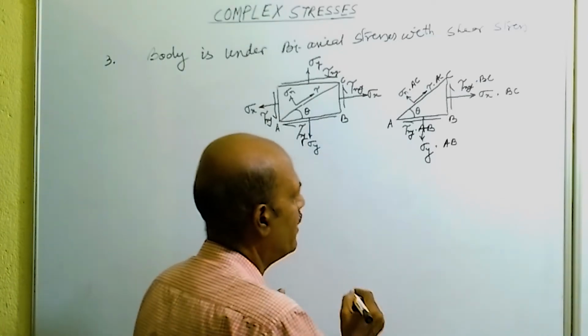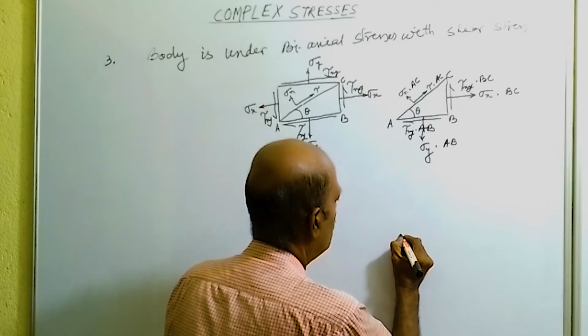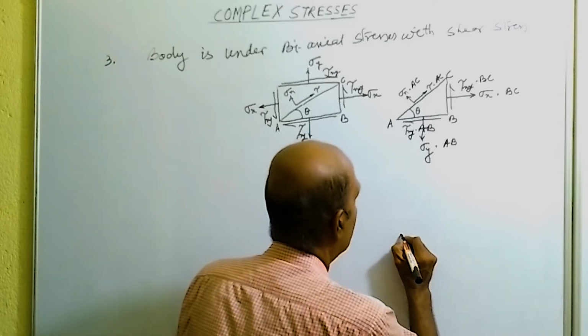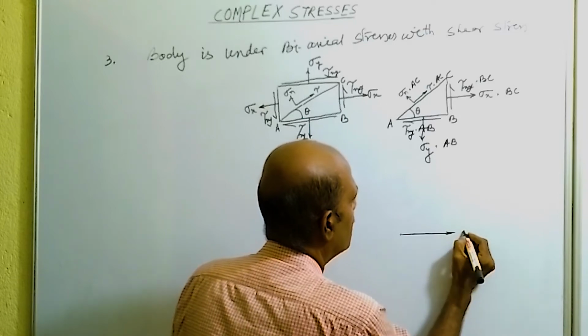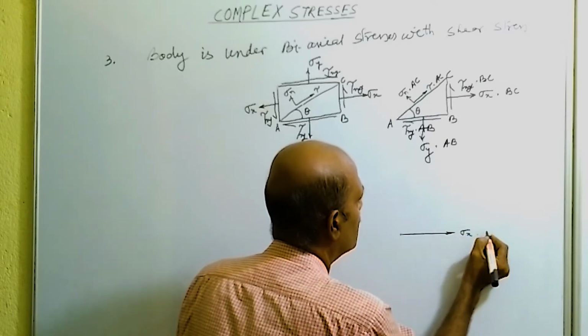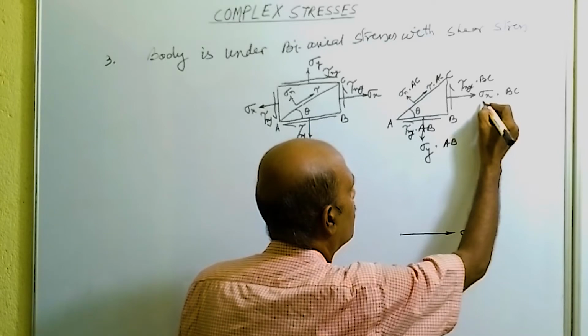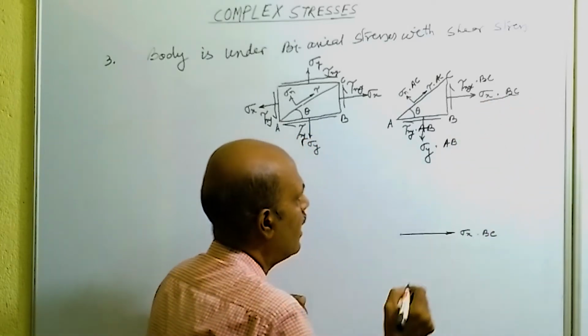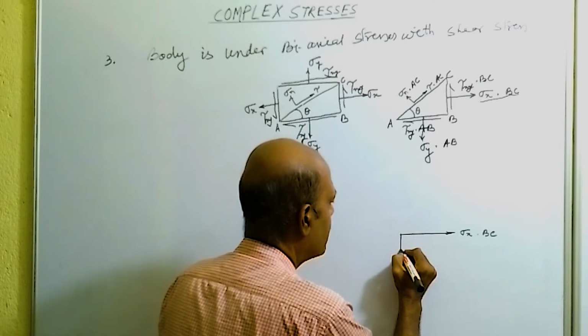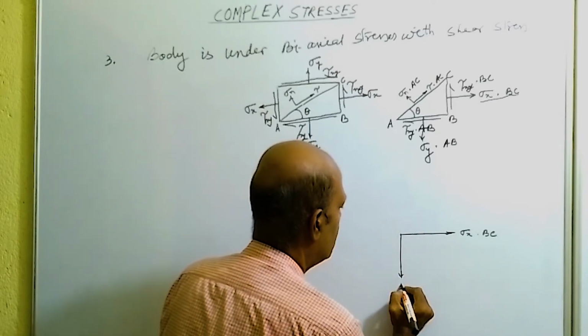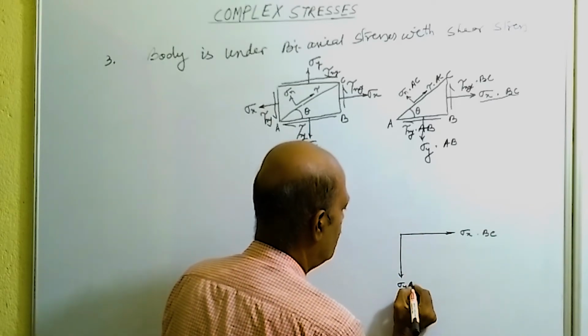Now we will go for vector diagram. So consider an initial point. From this point along x direction, the force acting is sigma x into BC. Along y direction, the force acting is sigma y into AB.